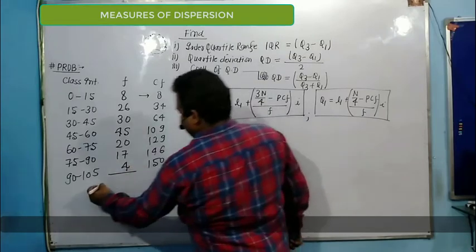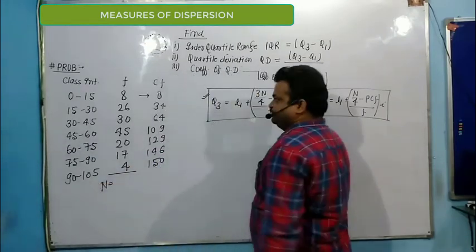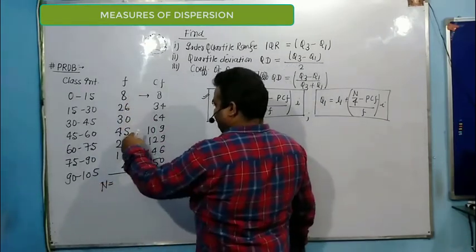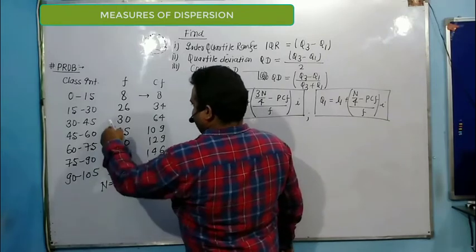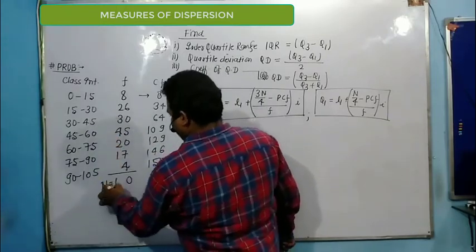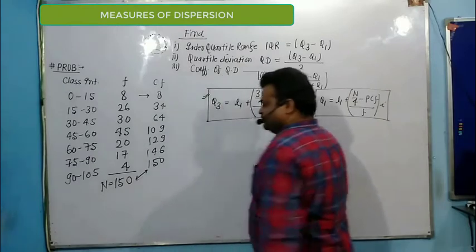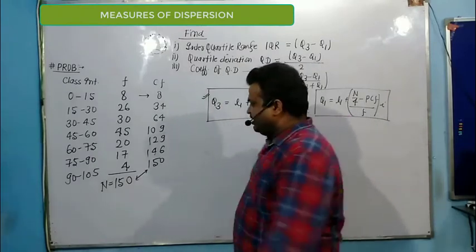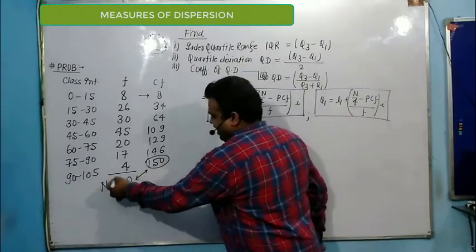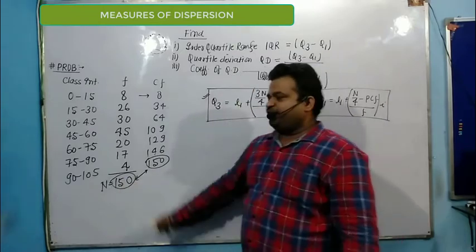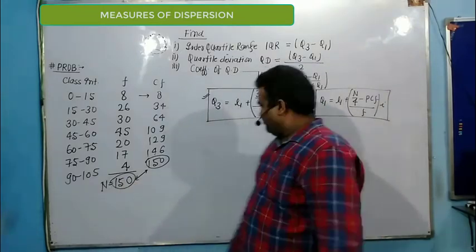Now check the summation of all frequency values. Make sure that the cumulative frequency value and the n value remain the same. If both values are the same, then you proceed further.